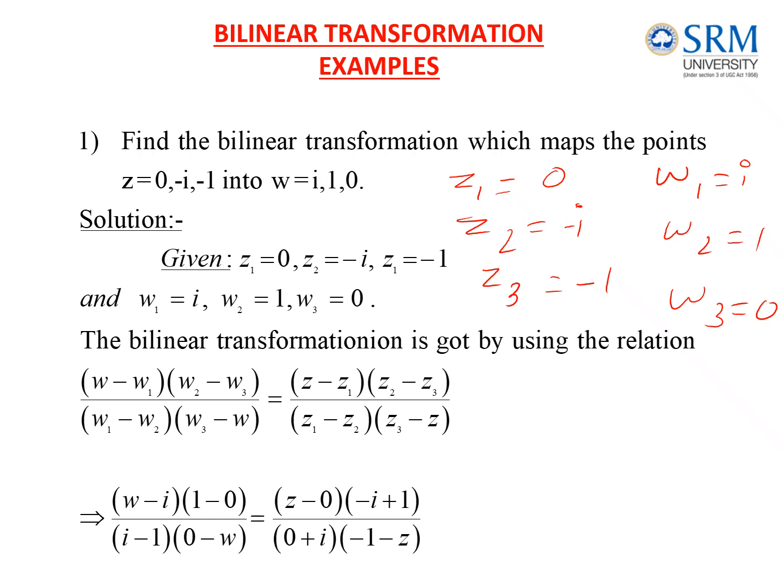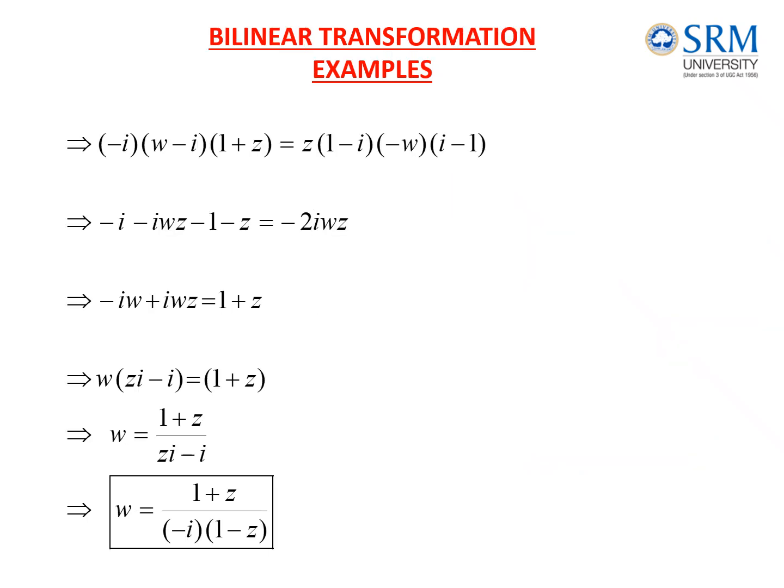After substituting, we simplify further and express the bilinear transformation as w equal to a function of z. We bring the w terms to one side and all other terms to the other side. If you cross multiply and expand these terms fully, then collect the w terms on one side and all other terms on the right hand side, you will get w equal to (1 plus z) by minus i into (1 minus z). This is the required bilinear transformation.